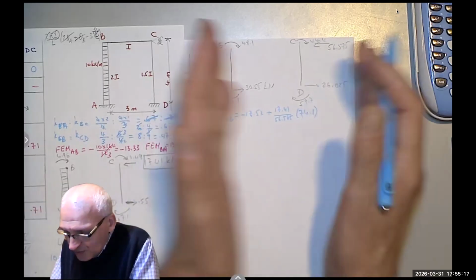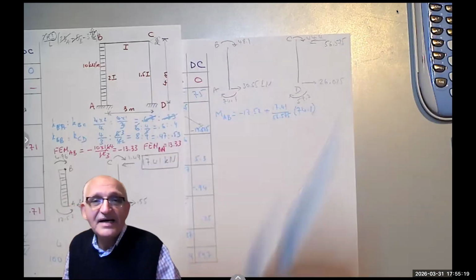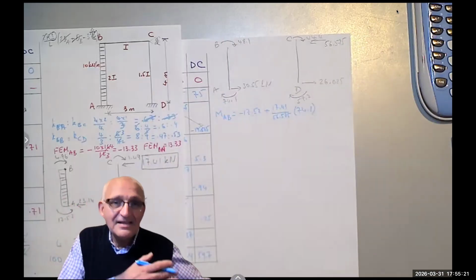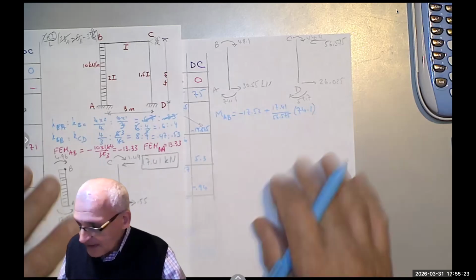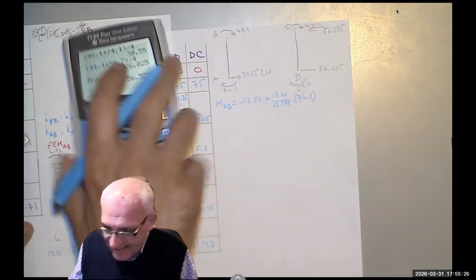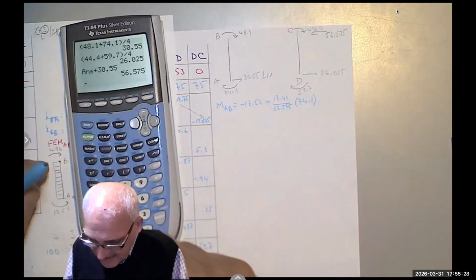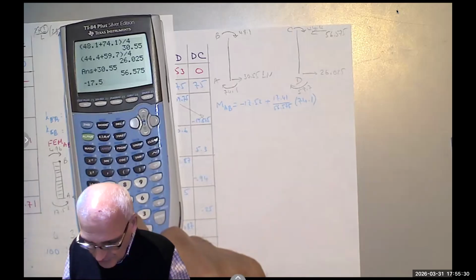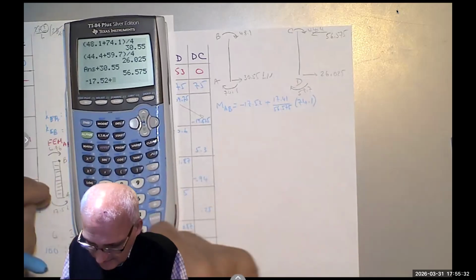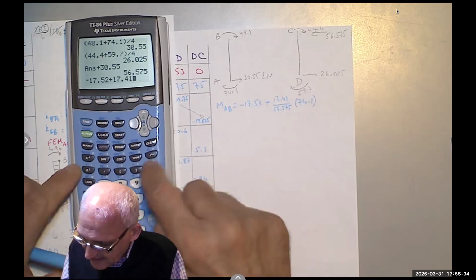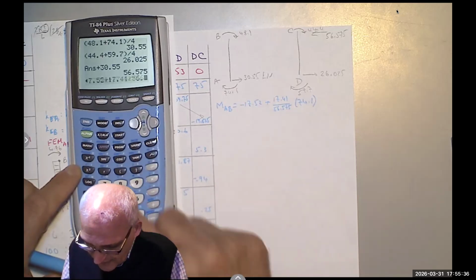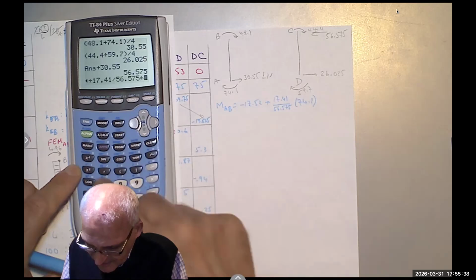So let me take all these moments and reduce them by that ratio and add them to what I had before. So basically here, what I have is negative 1752 plus 1741 divided by 56.575 times 74.1.